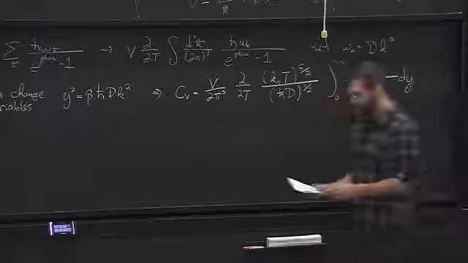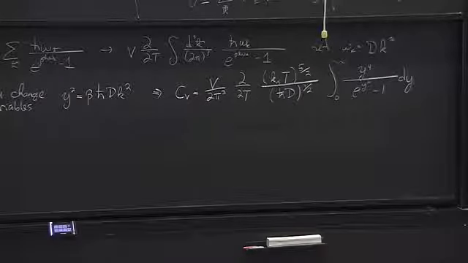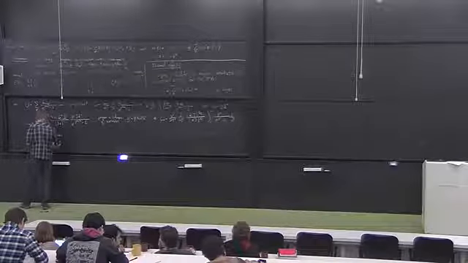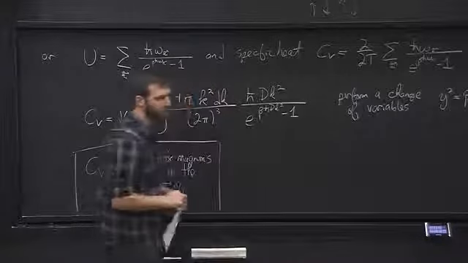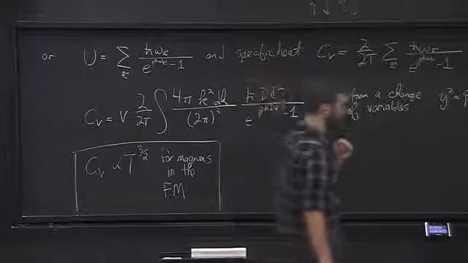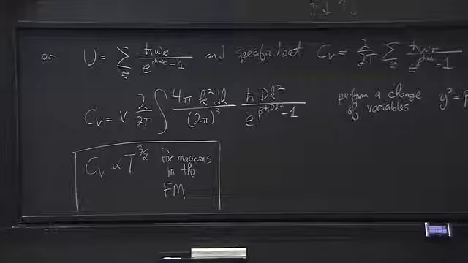So we get a different dependence of the specific heat. So again, you can start to see how experimentally you might be able to differentiate contributions from phonons from those of magnons.